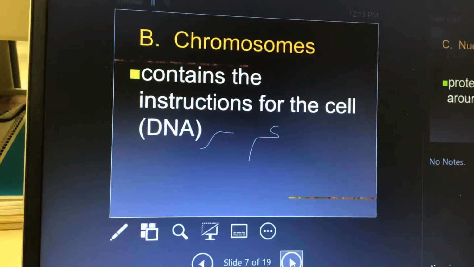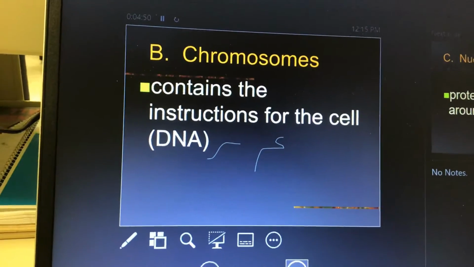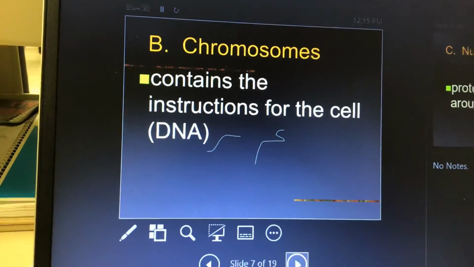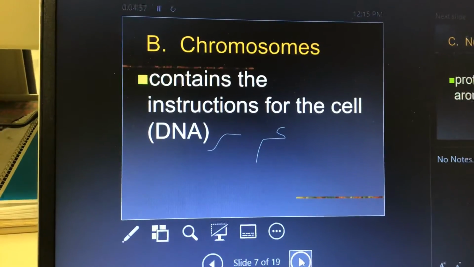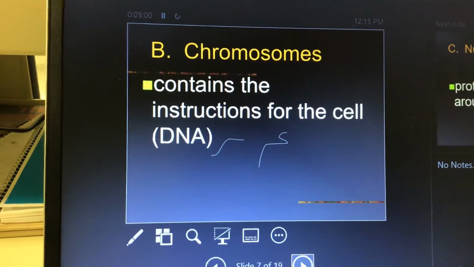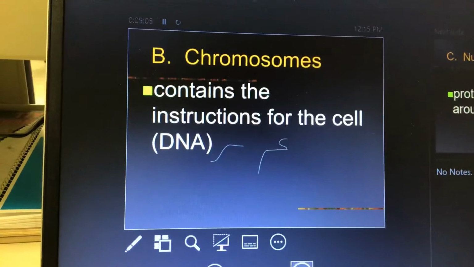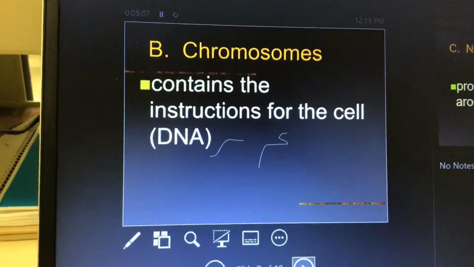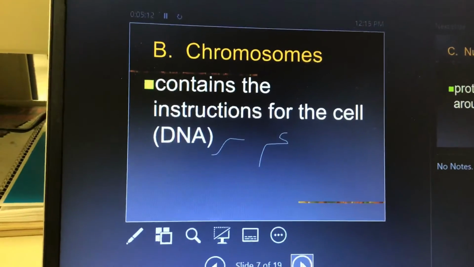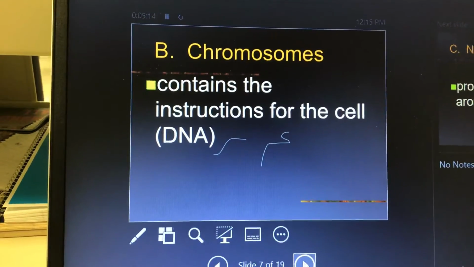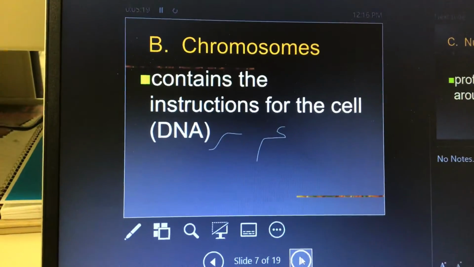Also inside the nucleus is chromosomes. Go ahead and write this down. Contains the instructions for the cell. It contains DNA. I'm guessing in the past you guys have talked about chromosomes. Humans have 46 total chromosomes, or 23 pairs. You get half of those from mom, half of those from dad, and that's what determines your traits, what you look like, what you're able to do.